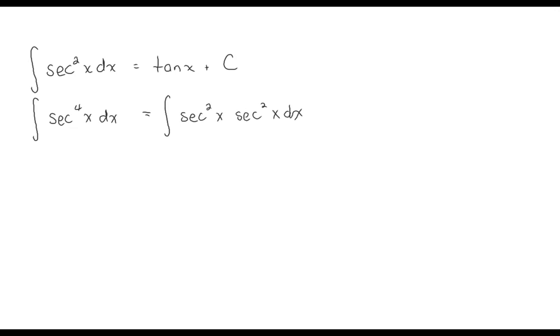Now, why do we want to do that? Because we can now use our identity that says secant squared x is tangent squared x plus 1.